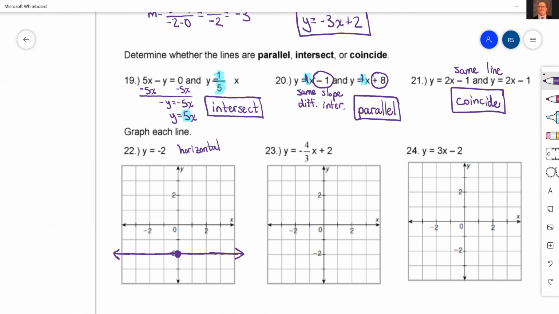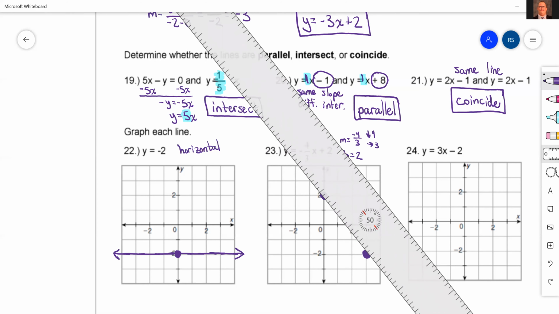Okay, 23. Our slope is -4/3. Our intercept is 2. So put a point at 2. And what's the slope tell us to do? We have to go down 4, right 3. So let's do that. 1, 2, 3, 4. 1, 2, 3. So those are our 2 points right there.